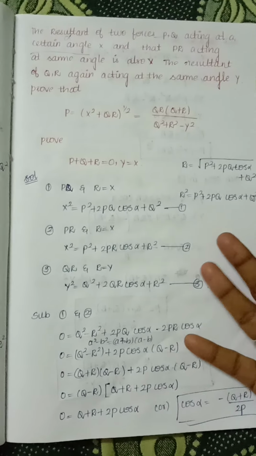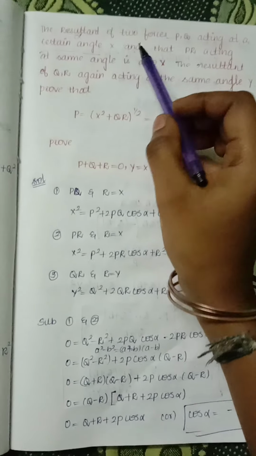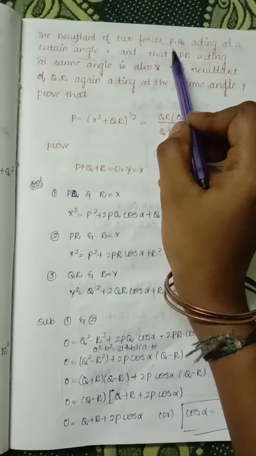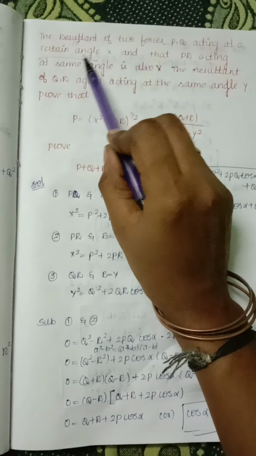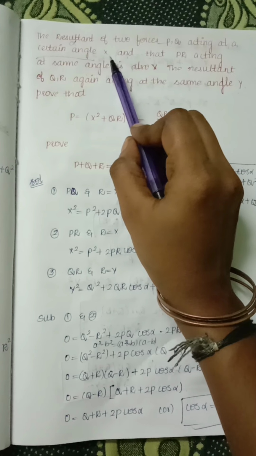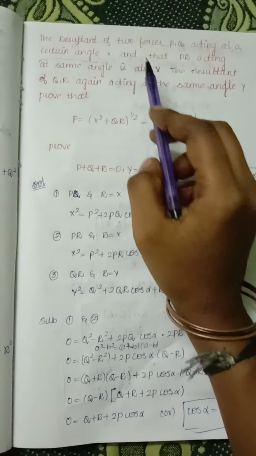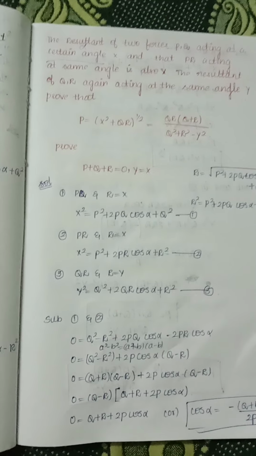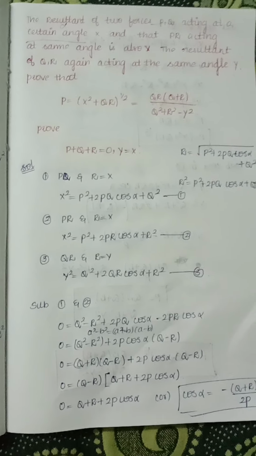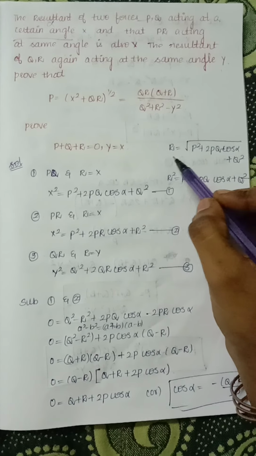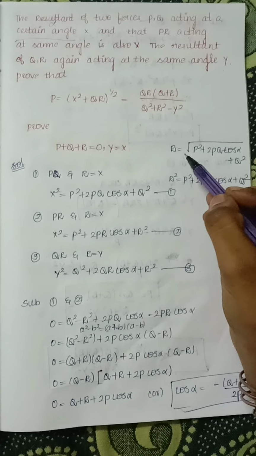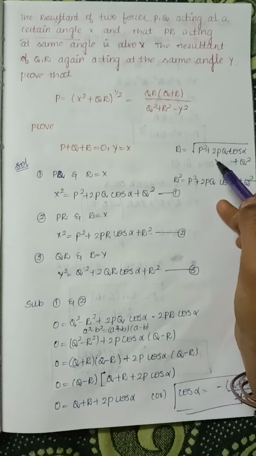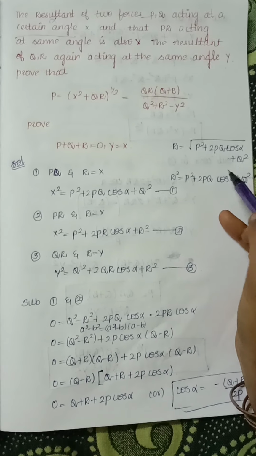So let me go directly to the sum. This is the resultant of two forces P and Q acting at a certain angle, giving x. For the resultant of two forces, we directly use the parallelogram theorem. Our parallelogram theorem says R equals root of P square plus 2PQ cos alpha plus Q square.